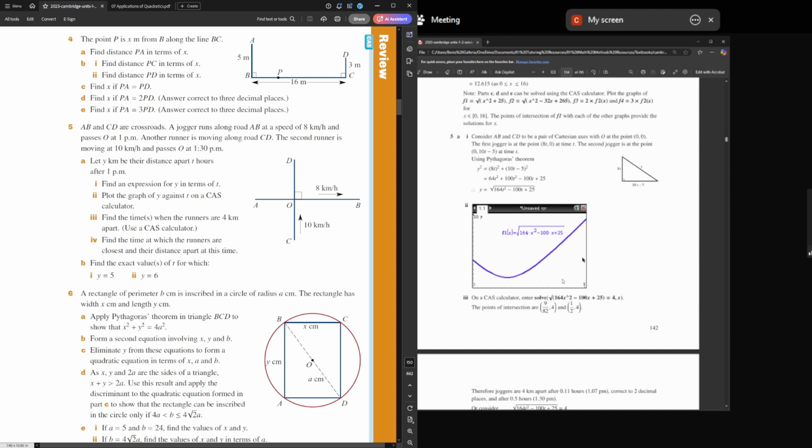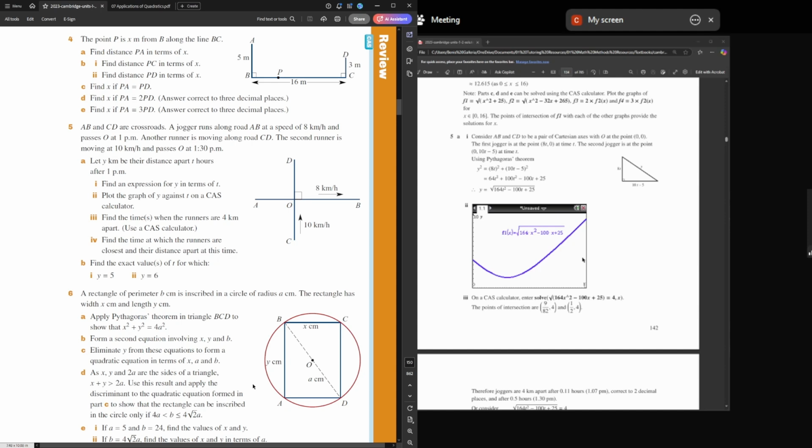So if I do the first one, the first person passes the origin at 1 p.m. and t is the number of hours after 1 p.m. So the first equation is going to have just t equals 0, so this person starts at the origin.